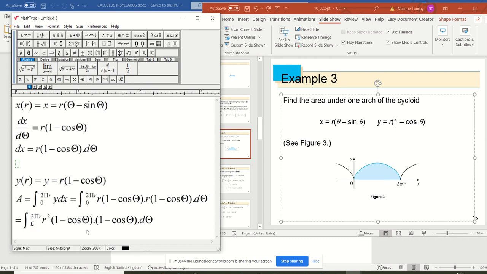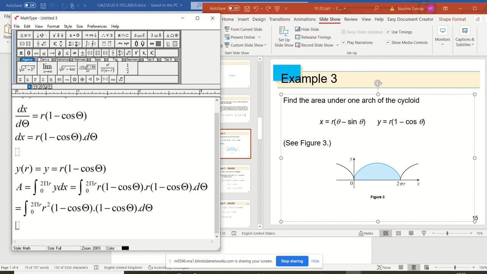Let me open it here. It is in fact like this: 1 minus cosine theta, multiplied by 1 minus cosine theta.